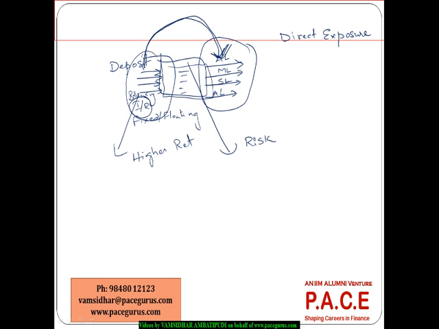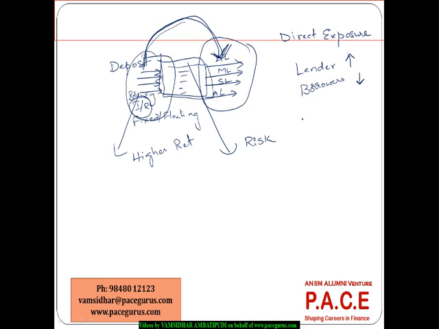So the bank is acting as an intermediary between the borrowers and the lenders. For the lenders, they are going to get a much better return because they take a slightly higher risk in the process. And from the borrower's perspective, the cost is going to be much lower because one layer is completely removed.